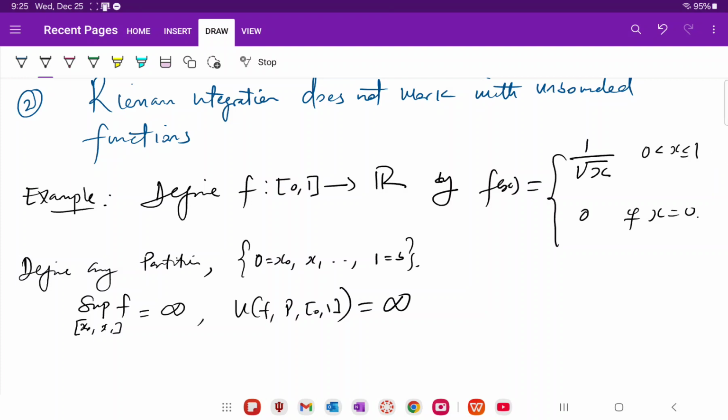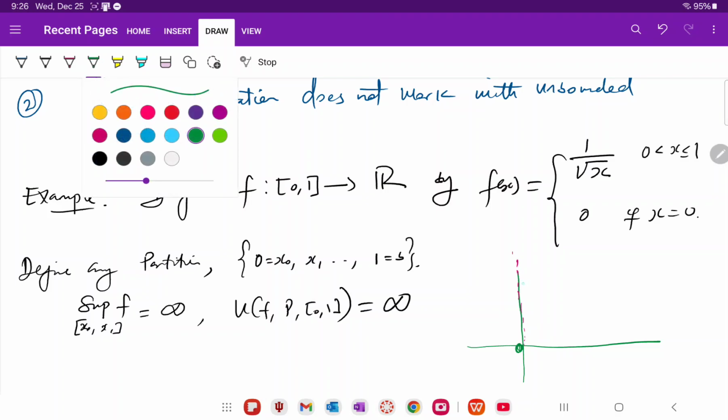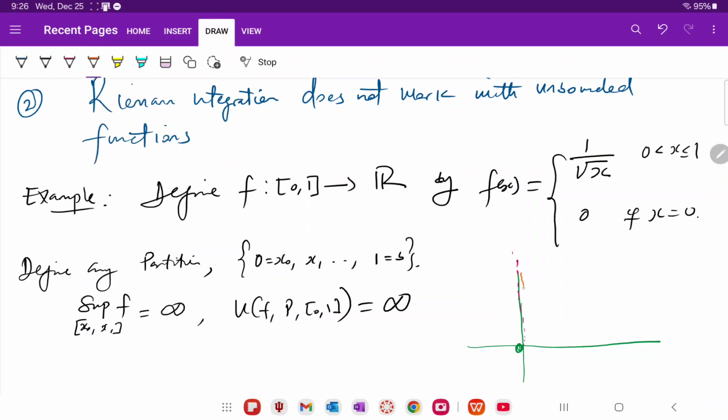So if you check the graph of this, we have something like at 0 here, our graph going to infinity at this very point. Then from a little bit away from 0, we have our graph going this way.